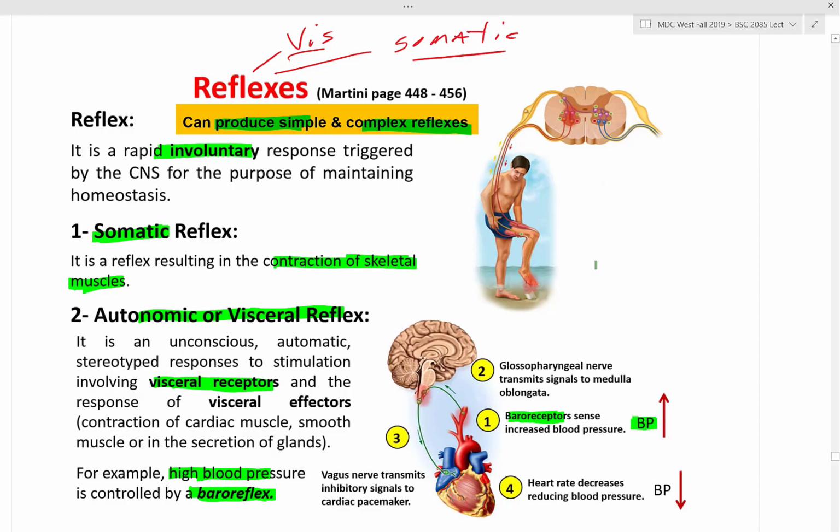It stimulates your glossopharyngeal nerve, which transmits a signal to the medulla oblongata, which at the same time gets your vagus nerve to transmit an inhibitory signal to the cardiac pacemaker. So when you send an inhibitory signal to the cardiac pacemaker, your heart rate decreases and the blood pressure should decrease as well. That's the example of your reflex.